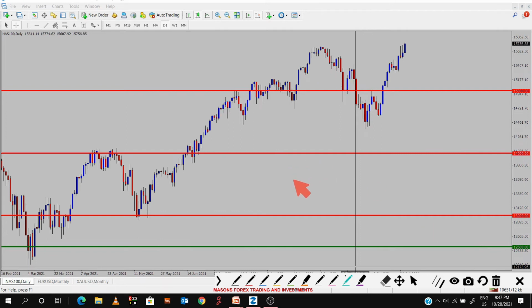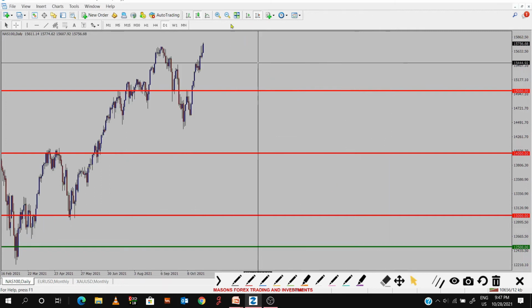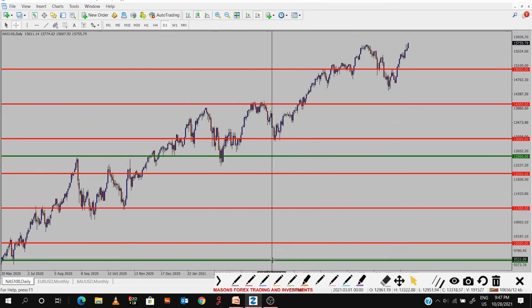Let us look at the 14,000 level. Once again, we have a resistance level. You can see price pushes in and moves away. Again, price pushes in, makes a double top.